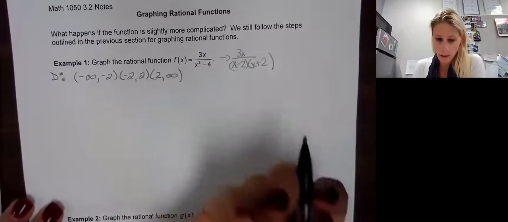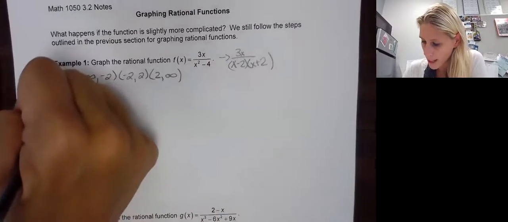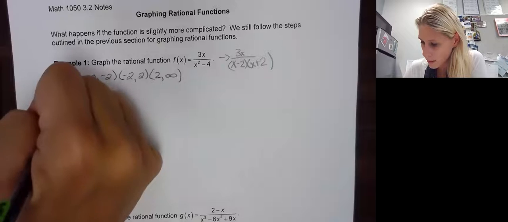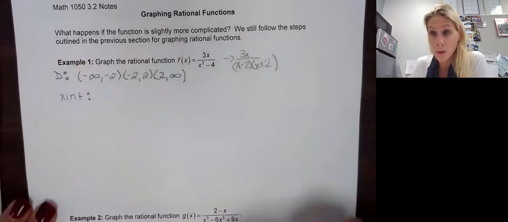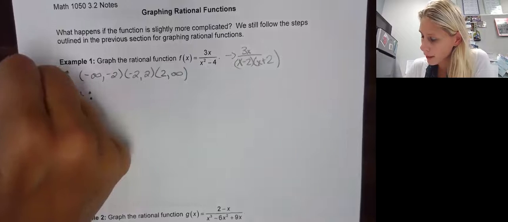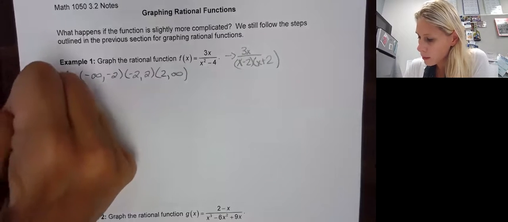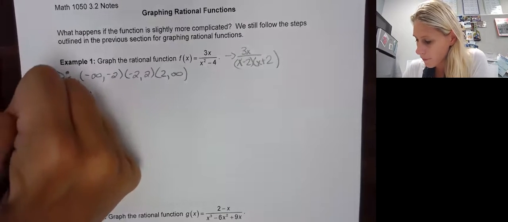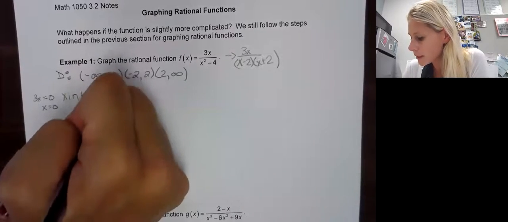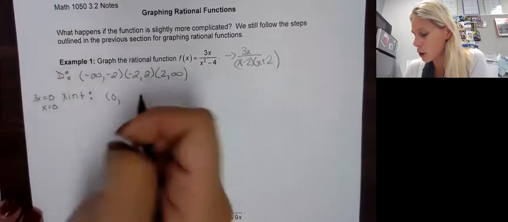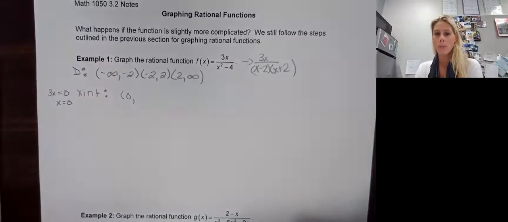Okay, now what else do we need? Well, we need our intercepts, right? So we have an x-intercept, and what you need to do is set your numerator equal to 0. So we have 3x equals 0, and when we solve, we have x equals 0. Now, the intercept is a coordinate pair, so make sure that you write down the coordinate pair.